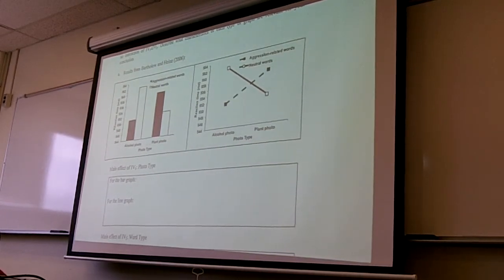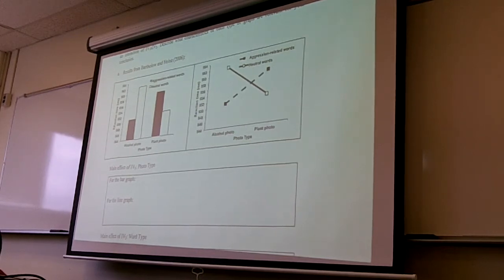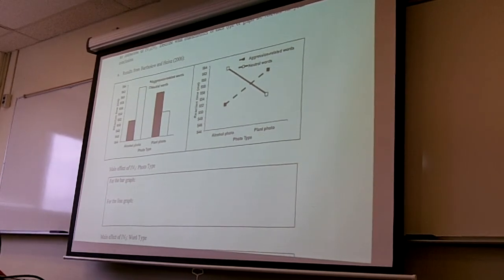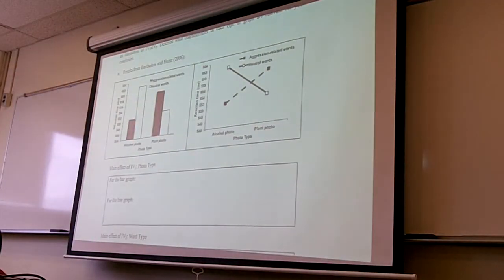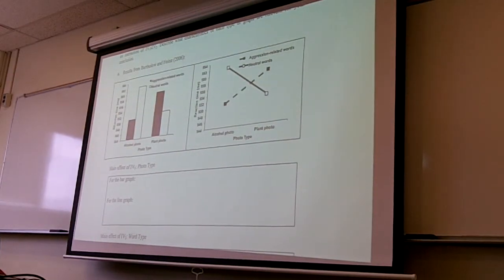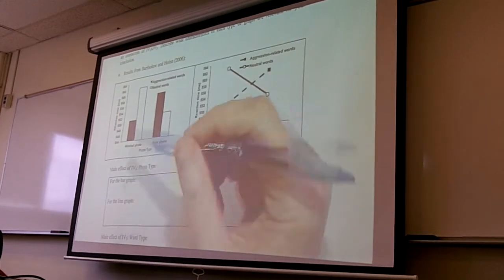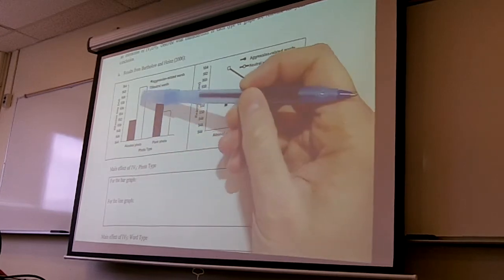So if we compare the combined alcohol bars to the combined plant bars, what do you think? They're not exactly the same. Are they super different? Maybe not a substantial difference, so maybe a main effect? Could be. They're not super different, but there could be, because this one is a little taller.